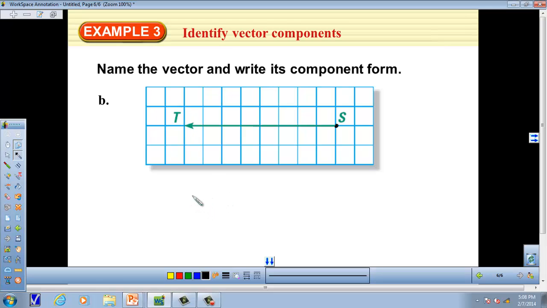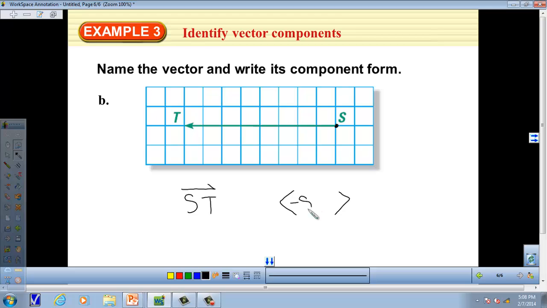So if we were to name this, we would name it ST, and then we draw a bar, and instead of putting an arrow here, we just put half of an arrow. So this would be vector ST, and in component form, instead of parentheses, we put little brackets here. And if we count it, it would be 1, 2, 3, 4, 5, 6, 7, 8.